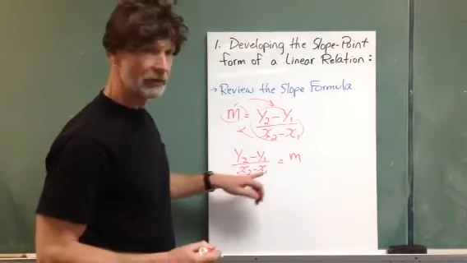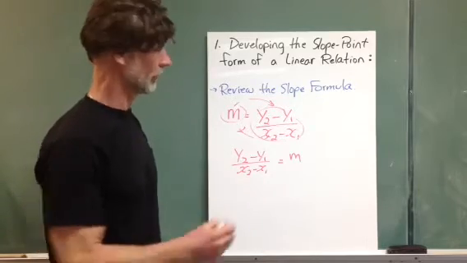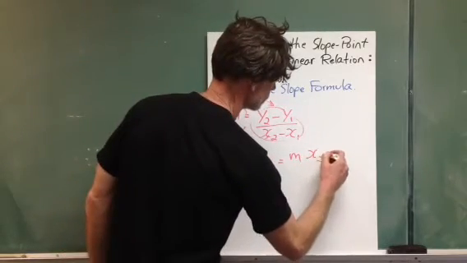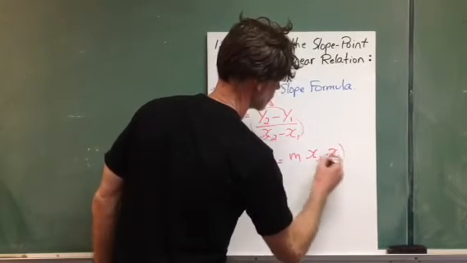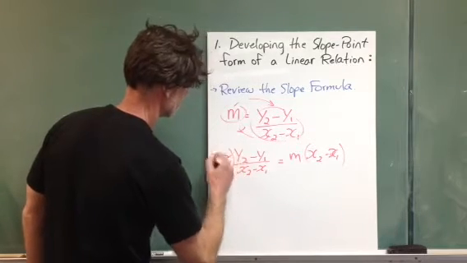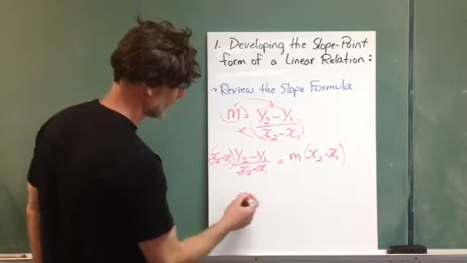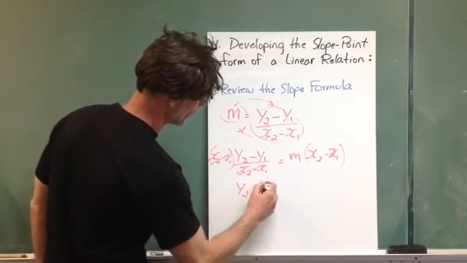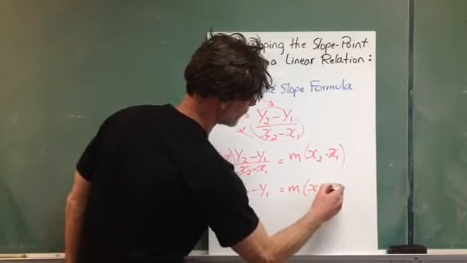Now I want to get rid of this down here, so I'm going to multiply both of my sides of the equation by x2 minus x1. What that'll do is allow us to cancel this off. Okay? And now I have y2 minus y1 equals m times x2 minus x1.